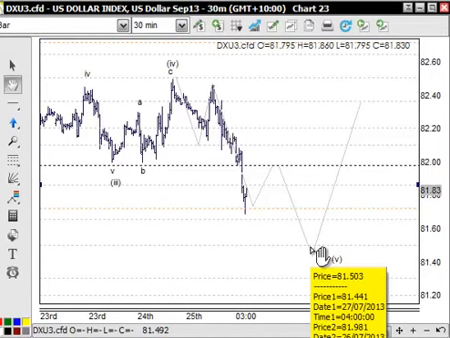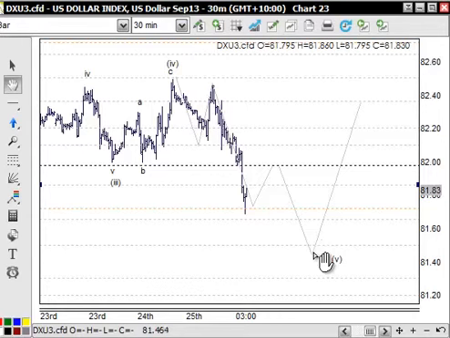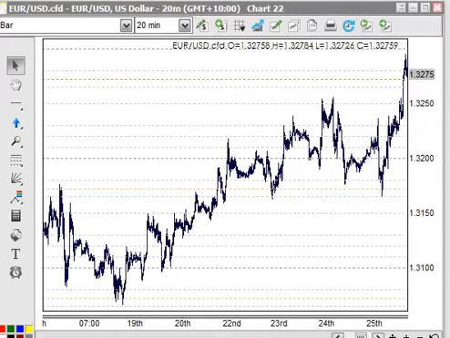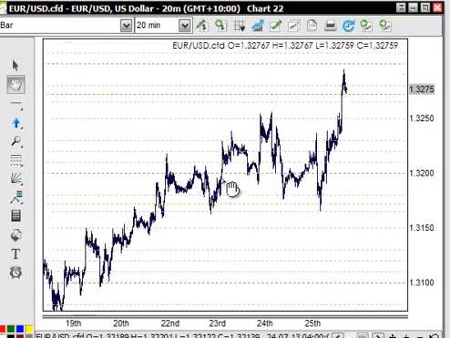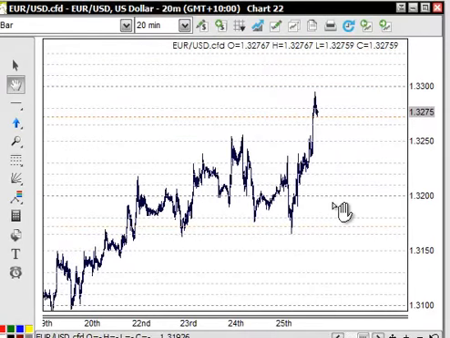So because the extension was in wave 3, we're looking for a low here, and that would reflect back into the euro as well. I've probably moved along a little bit since I was writing this morning. Yeah, it had. So this morning I was looking at it through here.